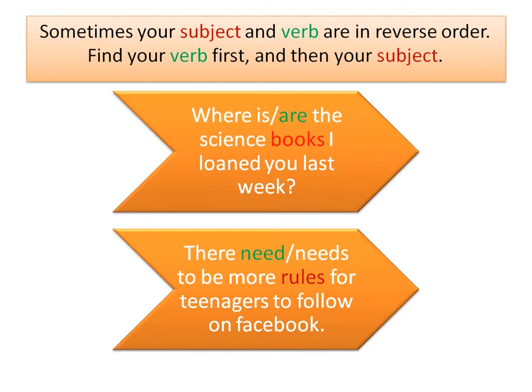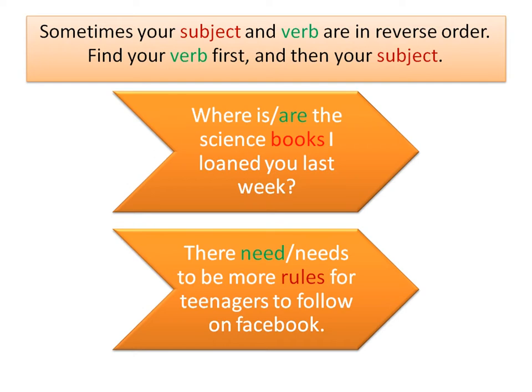Sometimes your subject and your verb are in reverse order. Find your verb first and then your subject. Again, a big tip-off as to where the verb is is that it's the one where you're being asked to choose. So that's one of the reasons I ask you to find your verb first. Where is or are the science books I loaned you last week? Well, it's easy to spot the verb because it's either is or are.